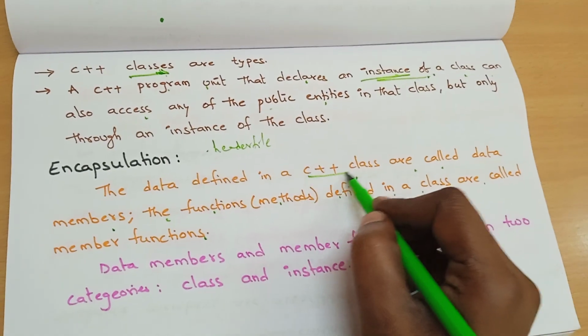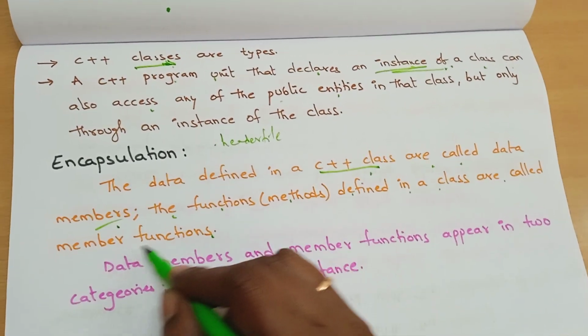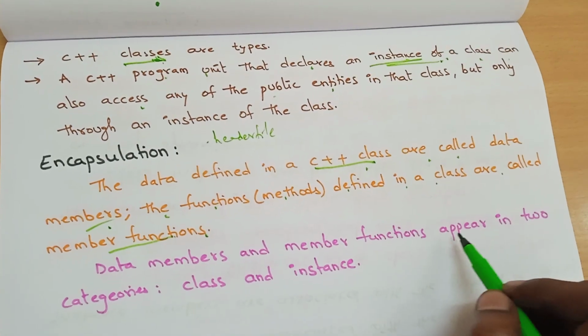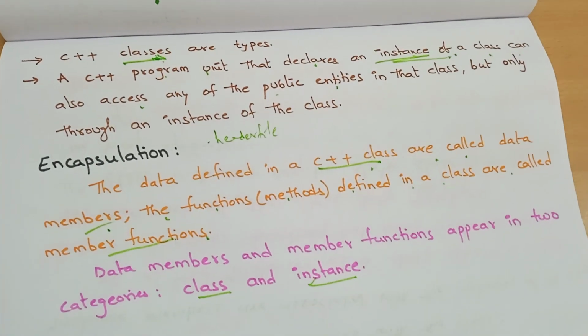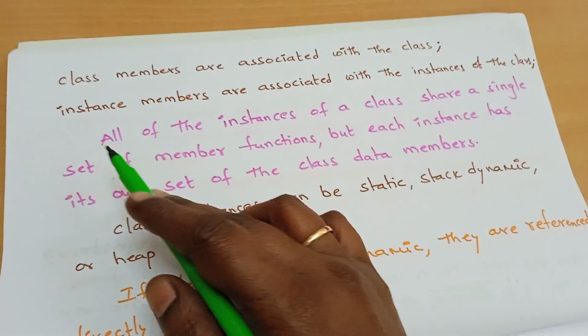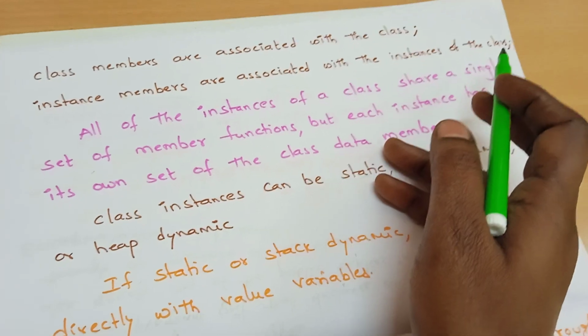So a C++ class is going to have data members and member functions. Data members and member functions appear in two categories, class and instance. Class members are associated with the class. Instance members are associated with the instances of the class.